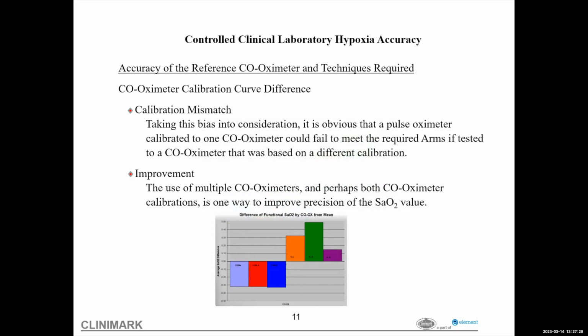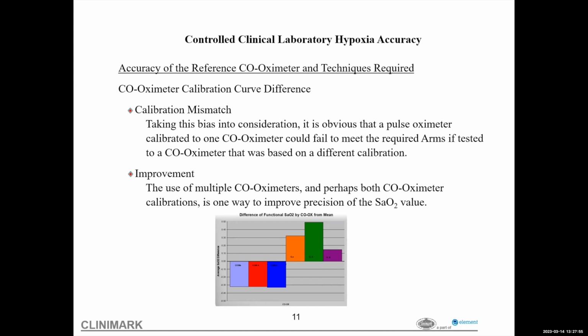Now, an improvement to this is to use multiple co-oximeters, and I know that both UCSF and Clinimark do have multiple co-oximeters, and perhaps both co-oximeter calibrations could be used. This is something that we haven't discussed in the committees, and it's something that we should at least entertain improving.